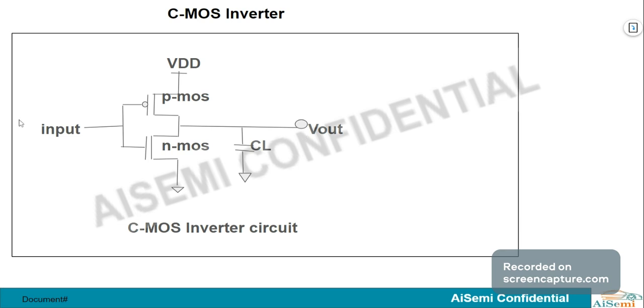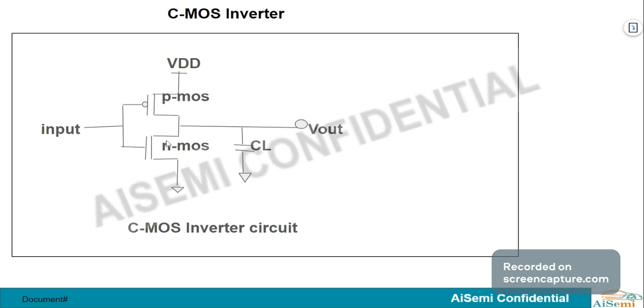For example, we apply the low input voltage, which means zero. Here we apply logic zero. Now PMOS gets zero, so it will be on, and NMOS gets zero, so this transistor will be off. Then VDD goes directly to Vout. I mean, the output is a high logic output.